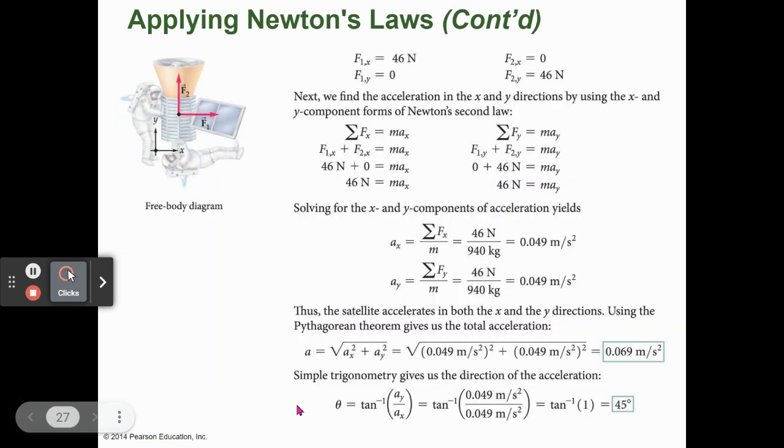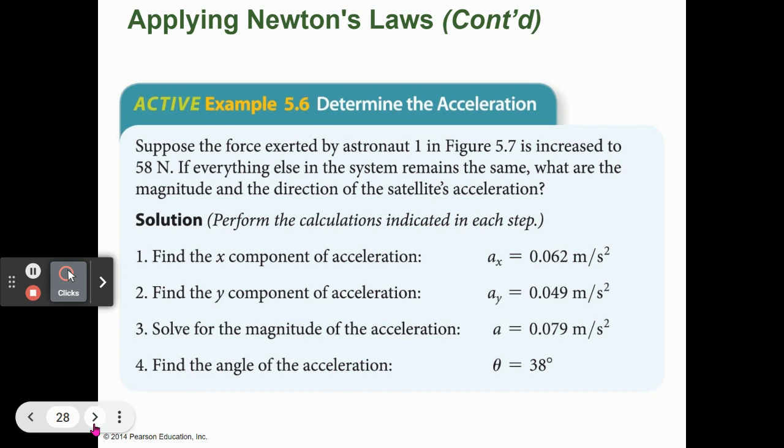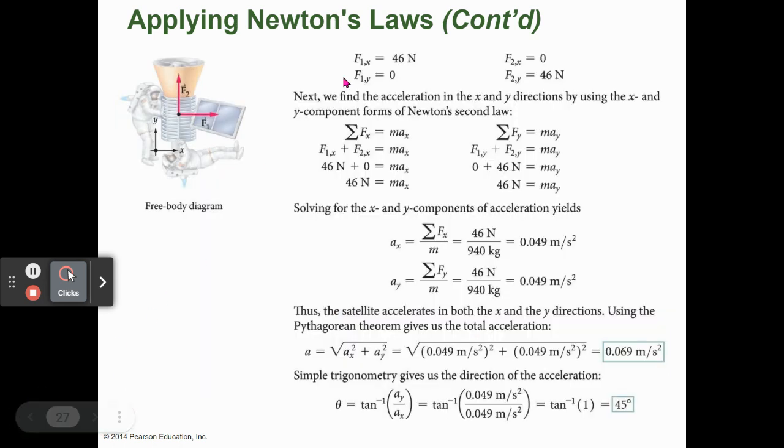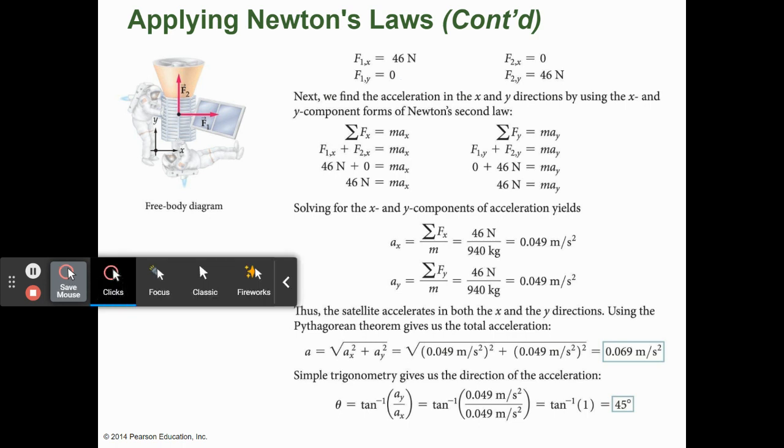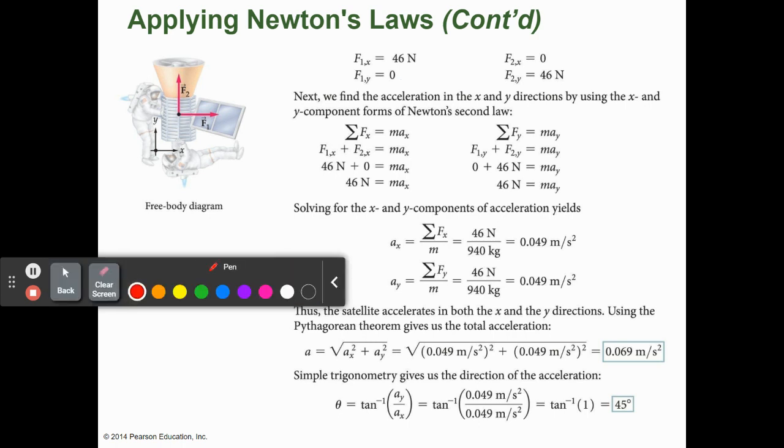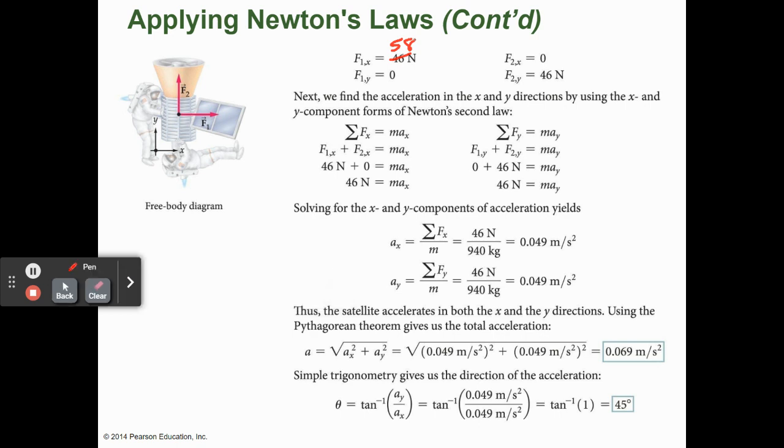So if we go back, all we're going to do different. Wait a minute, who is heavier? Astronaut 1. So astronaut 1, instead of being 46 newtons, is 58. That means down here, this is going to be 58.